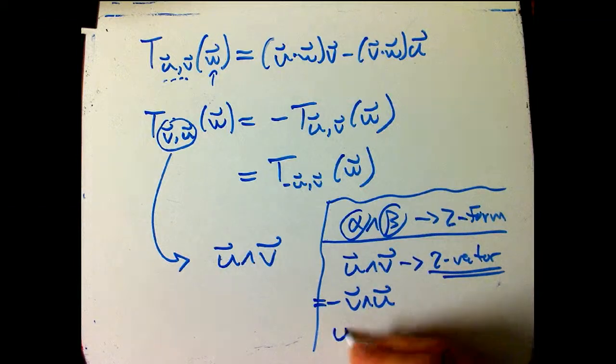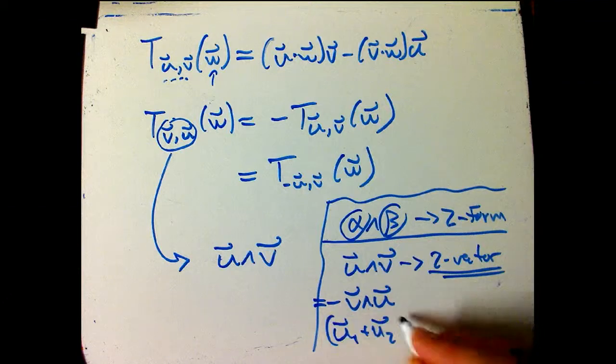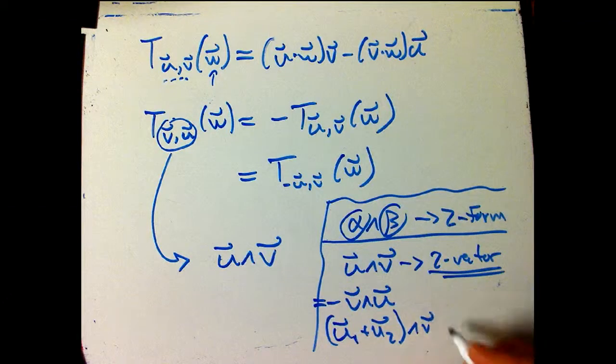And also things like if I say I'm interested in u1 plus u2, and that's wedge v, and then you say, oh no, I'm interested in u1 wedge v plus u2 wedge v, well, those are declared to be the same quantity.